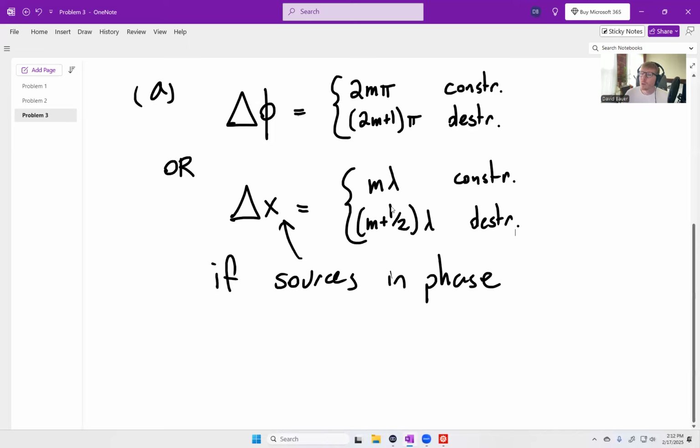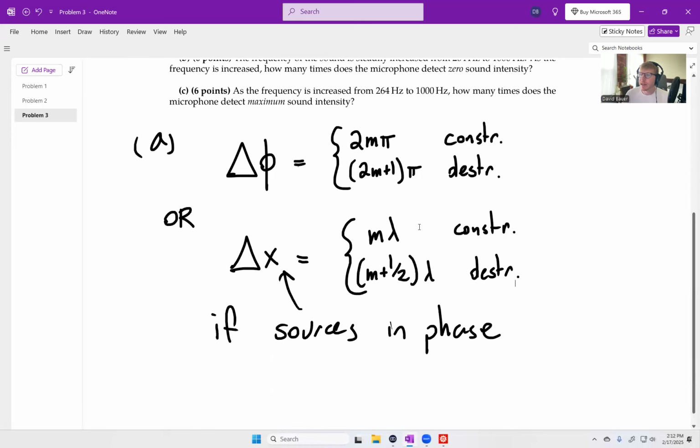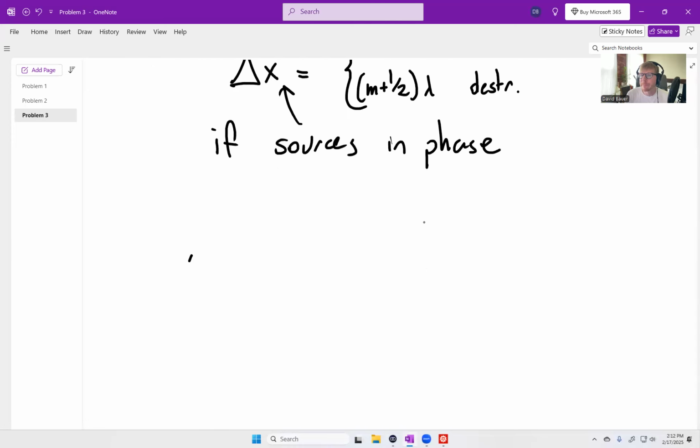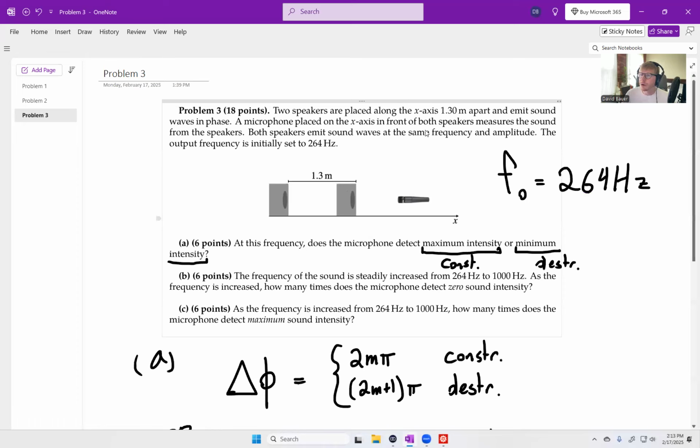Okay, well, let's just start by calculating what lambda is, because we're going to need that either way. Okay, and this we get because we know V is lambda times F. I don't think I put the speed of sound here, but I think I must have given it on the formula sheet.